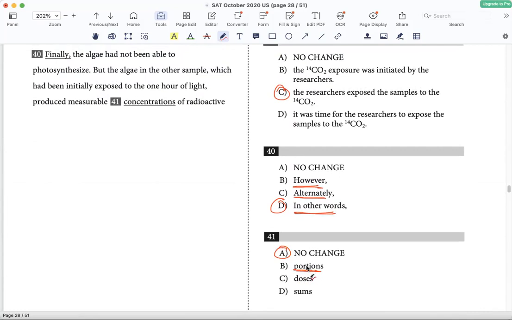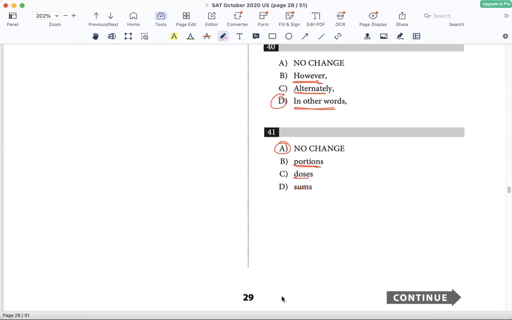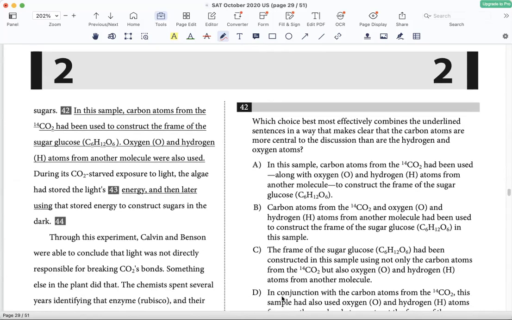Portion is not, you can't really use portion in a scientific sense for sugars. And similarly, these are not correct. So measurable concentrations, they could be measured and the sample exposed to light had produced radioactive sugars. In this sample, carbon atoms from the 14CO2 had been used to construct the frame of the sugar glucose.